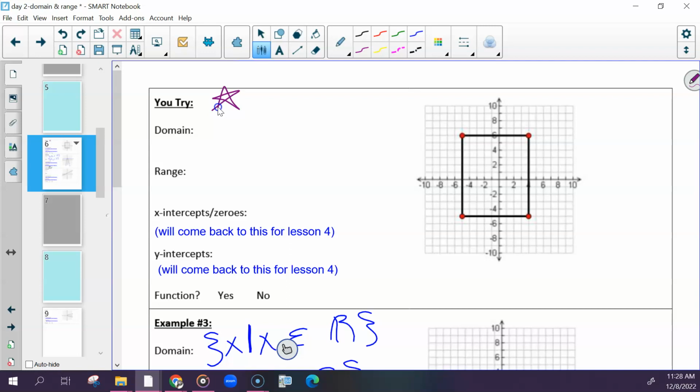Let's start with the square on page 3. What's nice about this is because it is a box or a rectangle, you can easily see the furthest point to the left and right, as well as the furthest lowest and highest points.